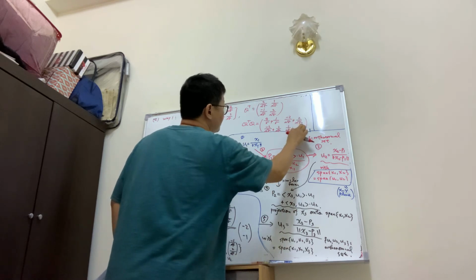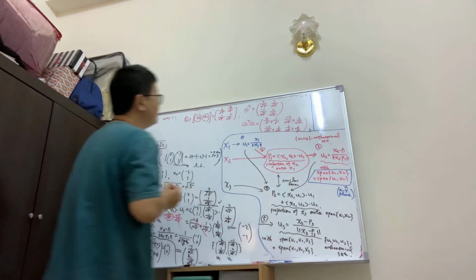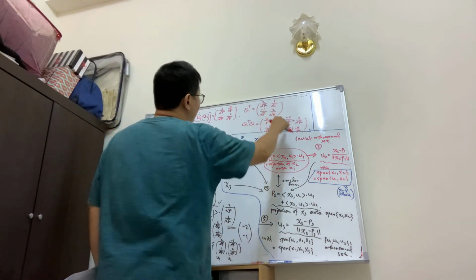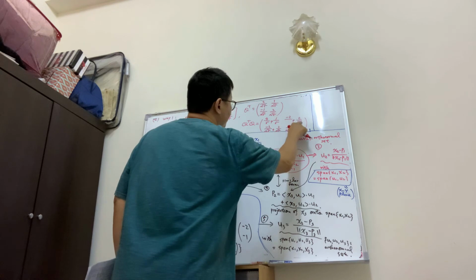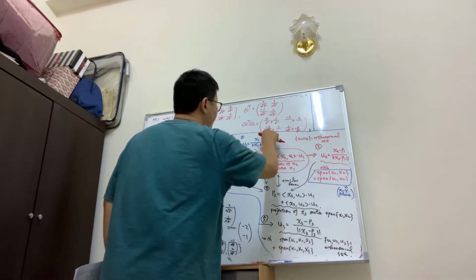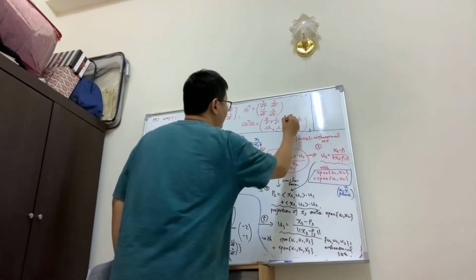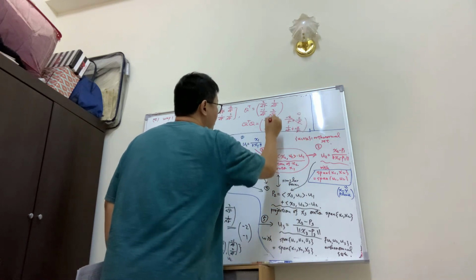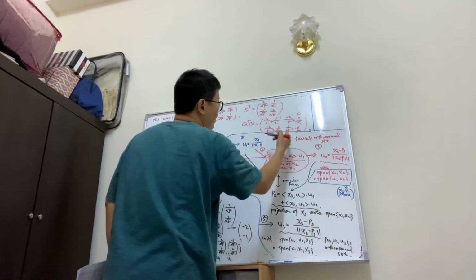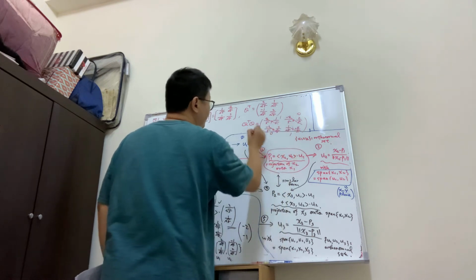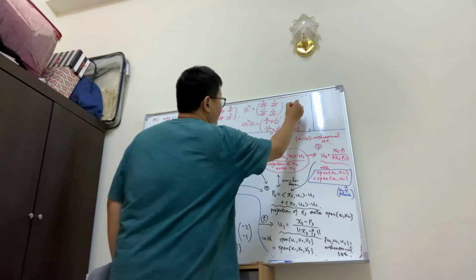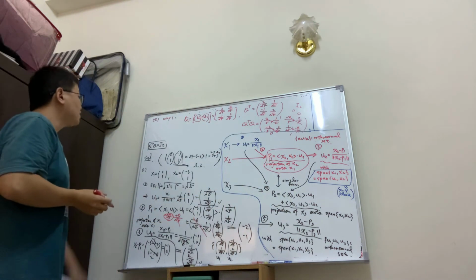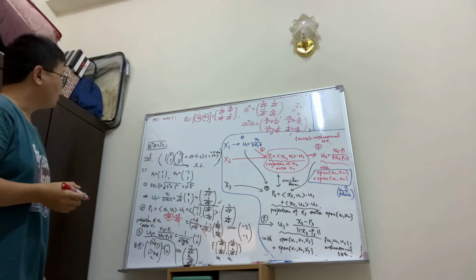So it's 5 over 5, which is 1, and the off-diagonal entries are 0. So indeed it's 1, 0, 0, 1, which is equal to the identity.